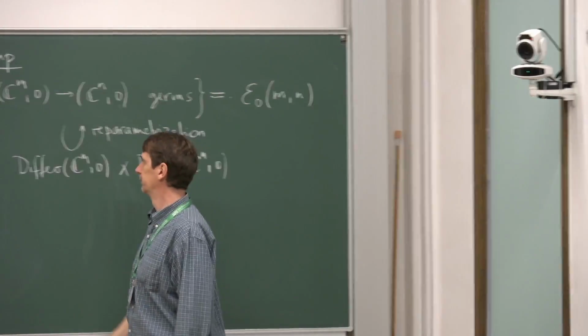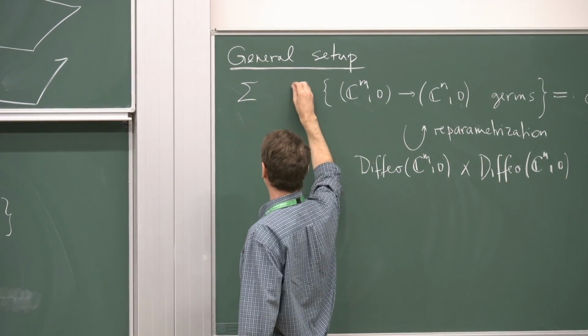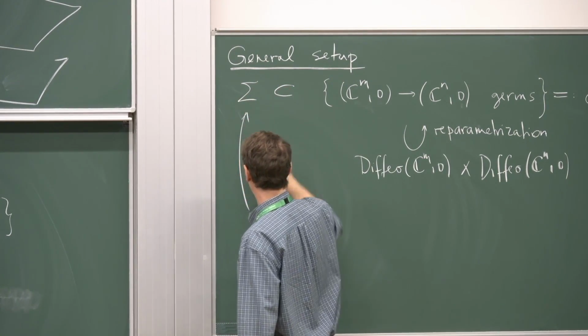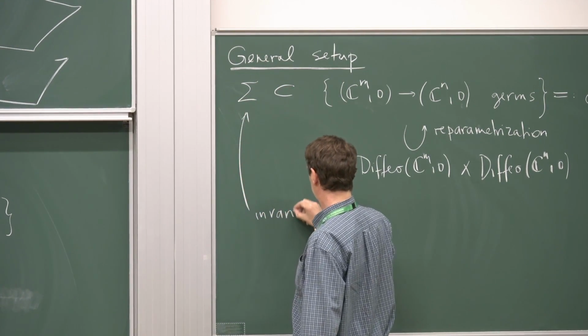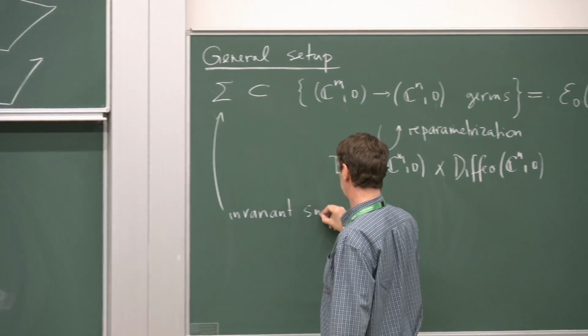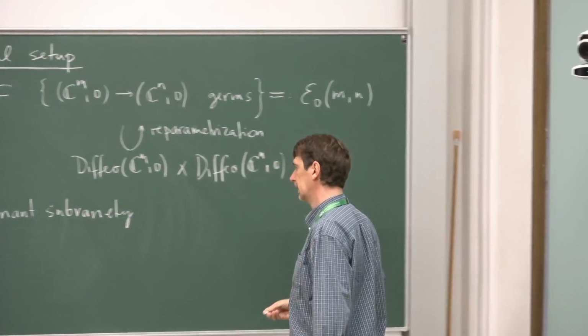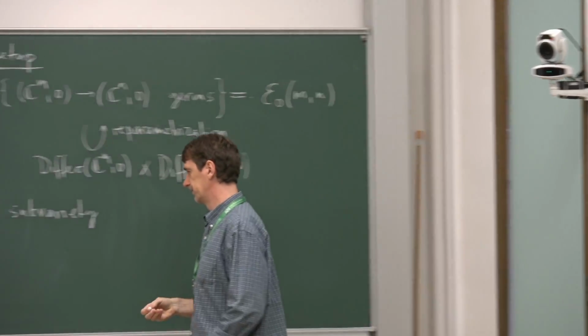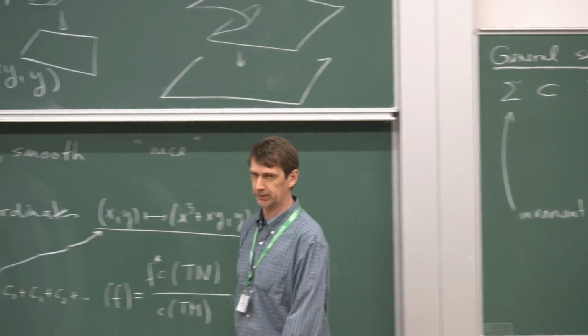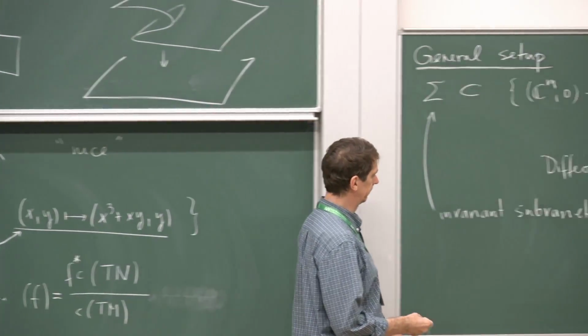Maybe I should give a name to this. This is called epsilon 0 m n. It's a vector space. And let sigma be an invariant subvariety. This is a little sketchy because this is an infinite dimensional space. Maybe I need to tell you more about what it is.